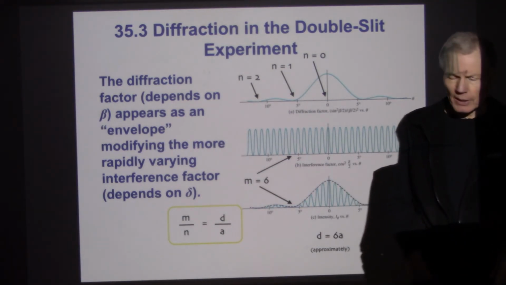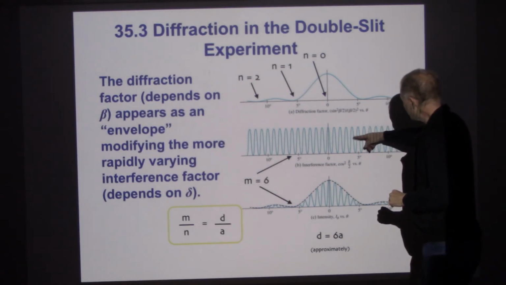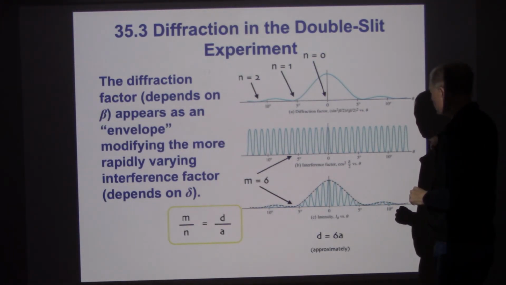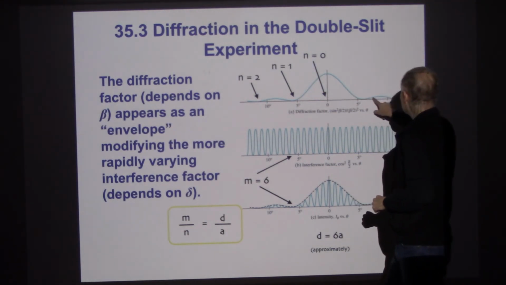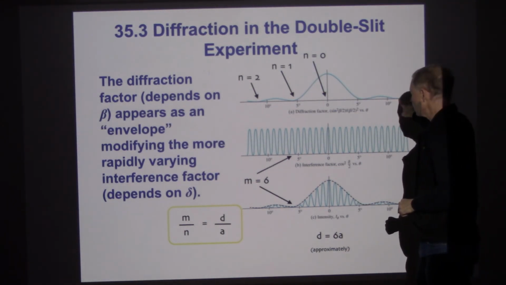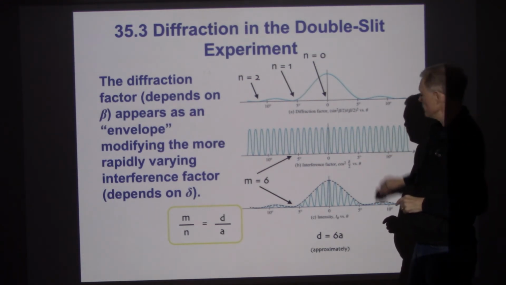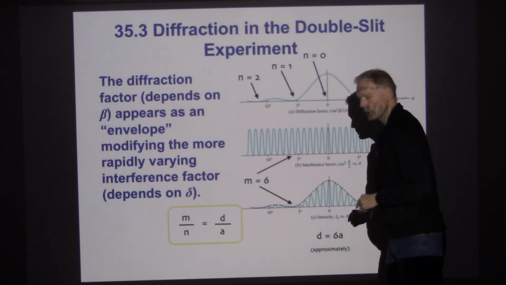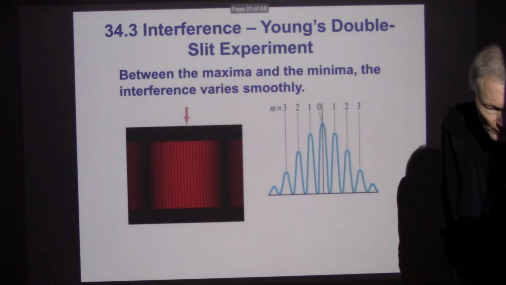If I have a two-slit setup, I'm going to have the two-slit effect taking place, but that's all going to be moderated by this diffraction effect. So the peaks aren't going to be the same intensity. The intensity of the peaks is going to drop off with distance. And there it is.